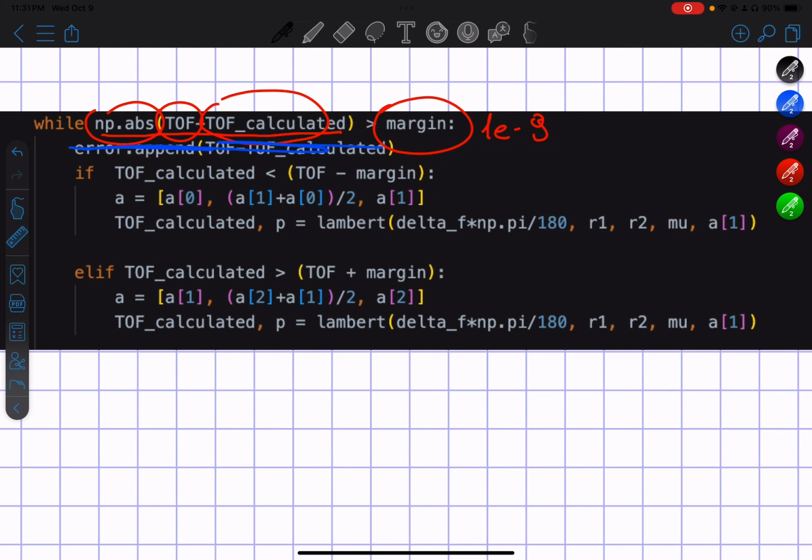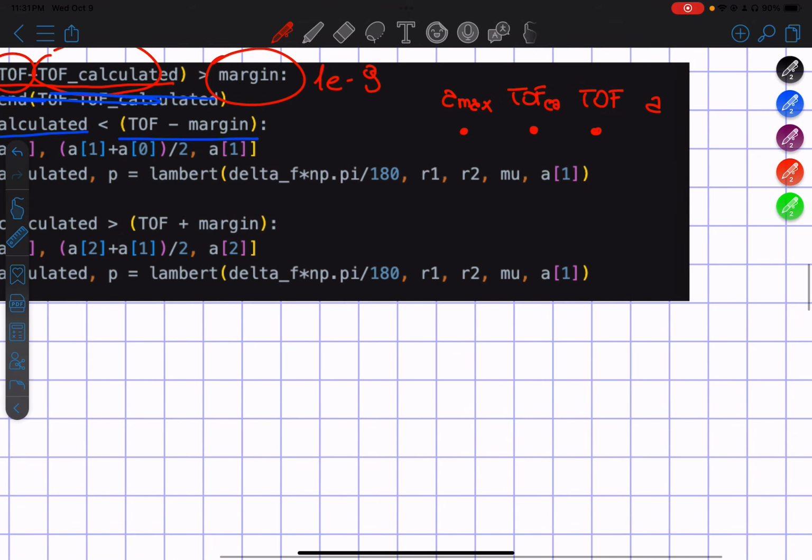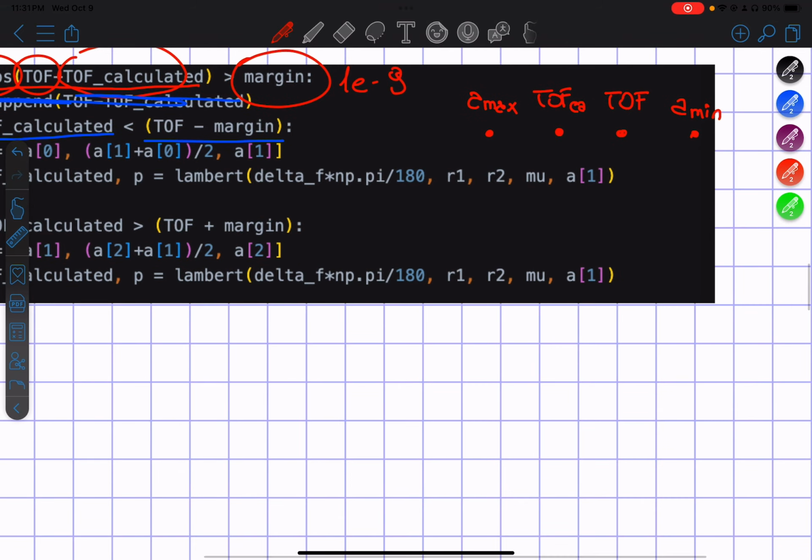Then, if the time of flight calculated was less than the time of flight margin, therefore you have this thing here. So you have A max on the left, we said. And then you have your time of flight calculated, I'm going to put CA for calculated here, which is less than the time of flight. And then you have the A min on this side. Then this part here is supposed to be your A average, the time of flight from your A average.